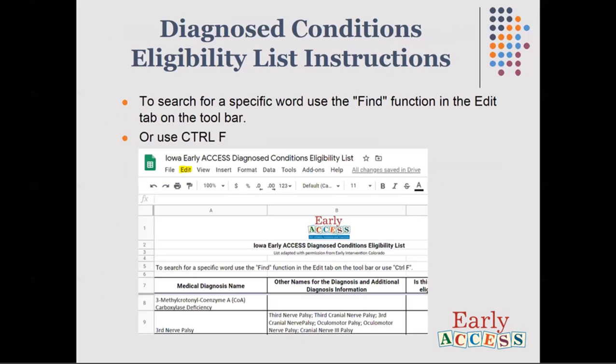The list is in alphabetical order by the medical diagnosis name. Conditions with numbers at the beginning are listed first. The list will always show column headers as you scroll through the list. To search for a specific word, use the Find function in the Edit tab on the toolbar, or use the Control F function.